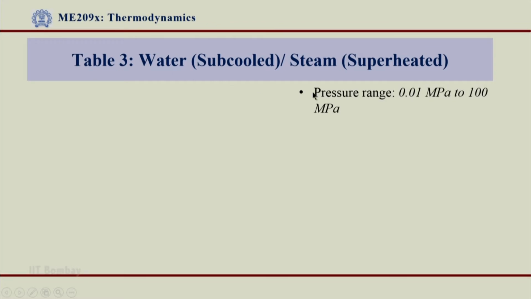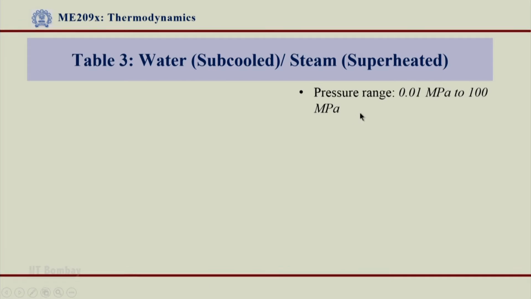In table 3, the information is given for pressures from the lowest of 0.01 MPa up to 100 MPa. We have respective tables for each pressure: 0.01 MPa, 0.02 MPa and so on up to 100 MPa. You can see the range of pressure is very high, it goes beyond the critical pressure. Critical pressure is 22 MPa, but here we are talking about 100 MPa.